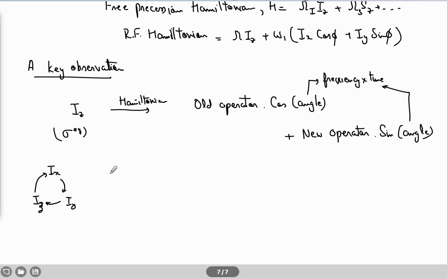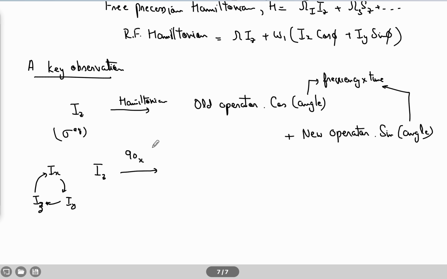So let us take the exact same example that we solved earlier in this lecture. Your starting density matrix is Iz, and you applied a 90-degree x pulse.